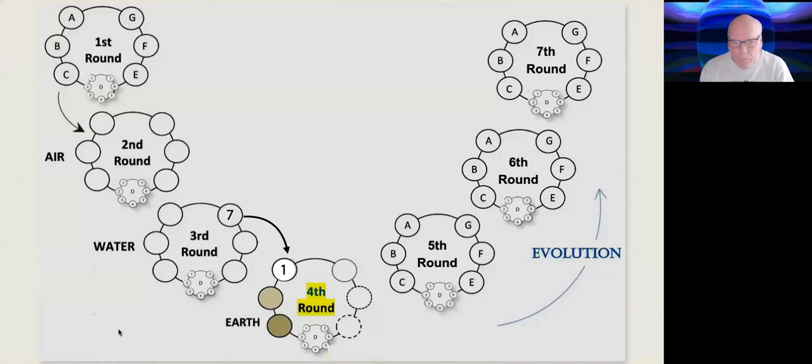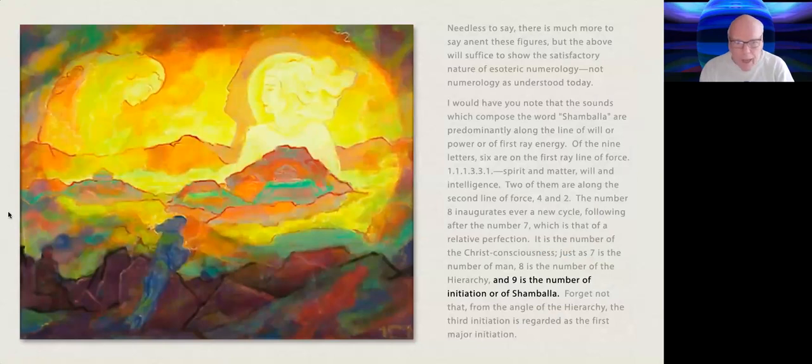Okay, so next, 9 is the number of initiation or of Shambhala. DK tells us in Telepathy and the Etheric Vehicle that the purpose of initiation is to align the initiate with Shambhala. That's why they have the same number. 9 is both the number of Shambhala and of initiation.